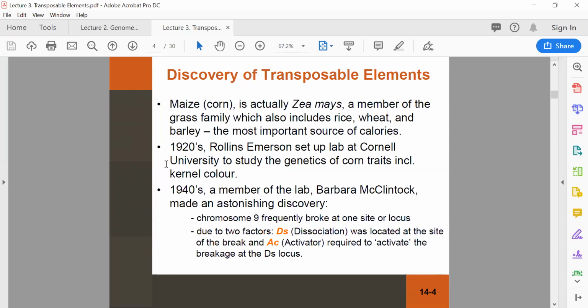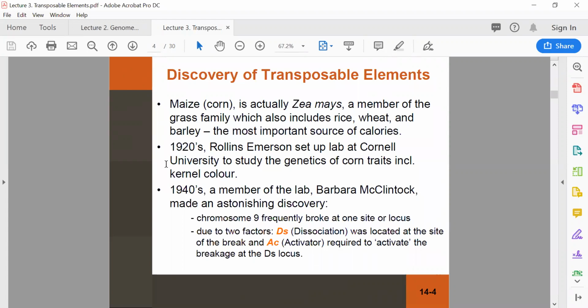And corn was very widely studied in genetics, firstly because the male and female flowers are physically well separated, which made genetic crosses really easy to carry out. And also, the large chromosomes that you find in corn make it an ideal organism in which to study cytogenetics. That is to study the analysis of chromosomes.